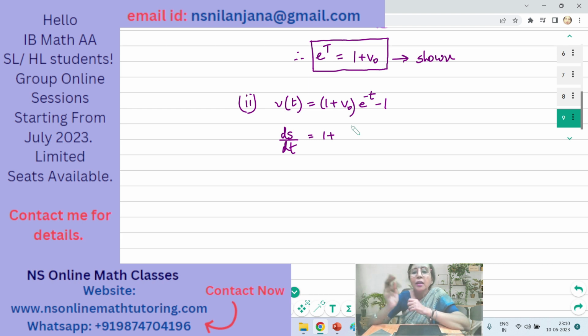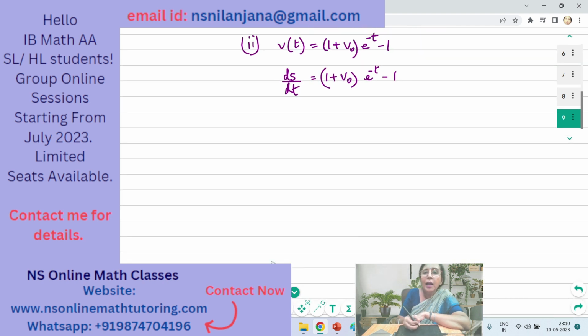So this is 1 plus V0 times e to the power of negative t, minus 1. And now we integrate both sides with respect to t.